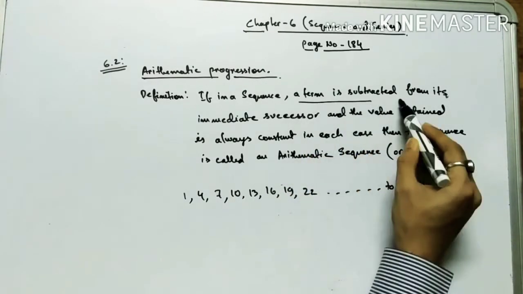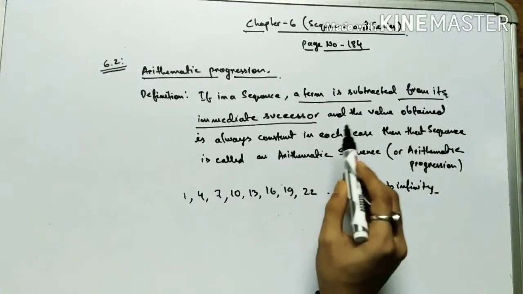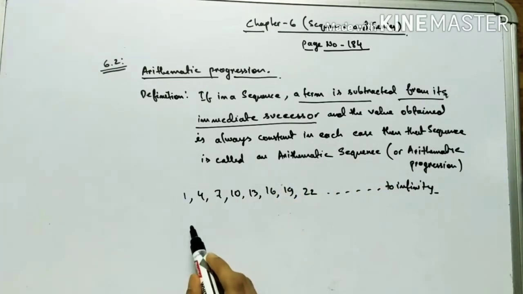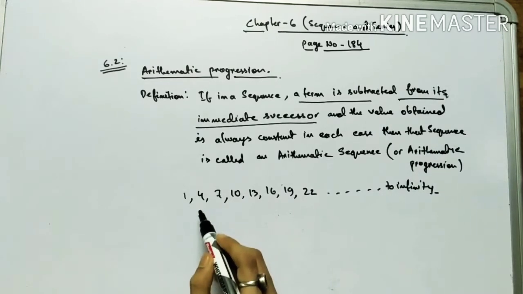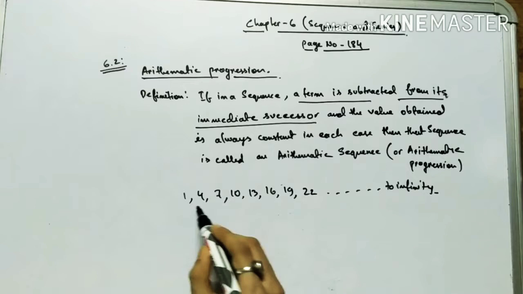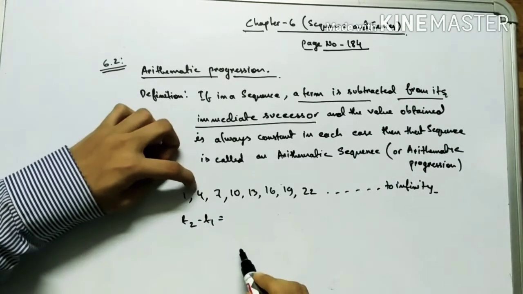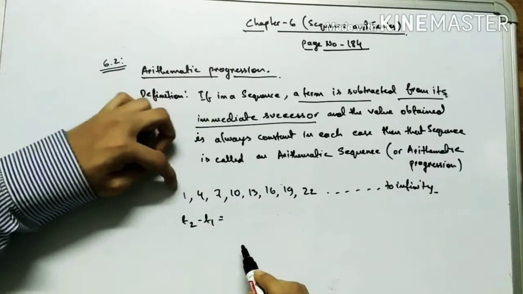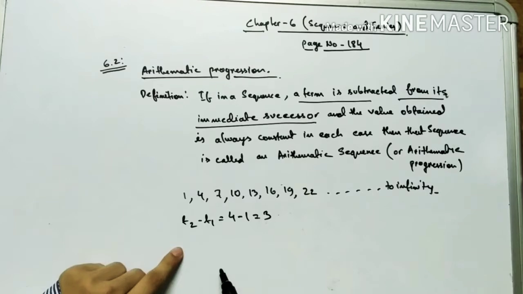If a term is subtracted from its immediate successor, that means if I do t2 minus t1, the second term minus the first term, 4 minus 1 is equal to 3.